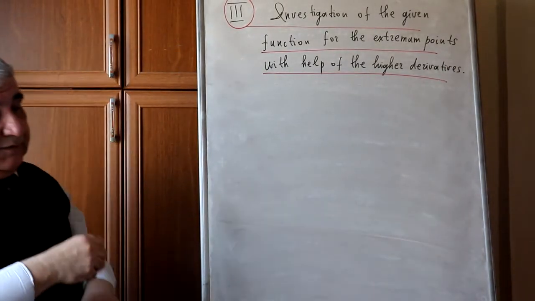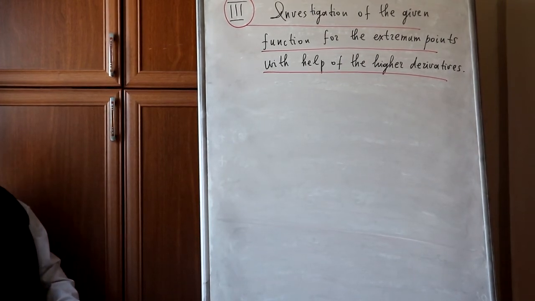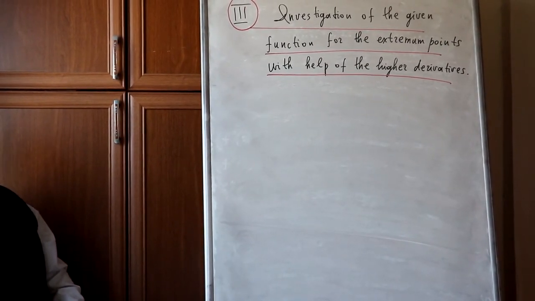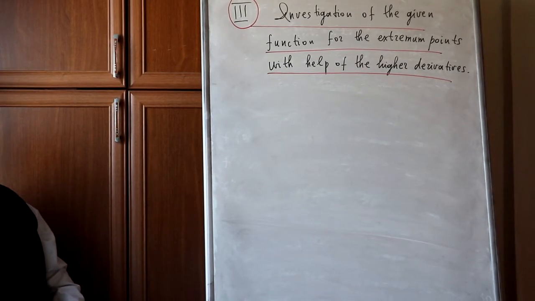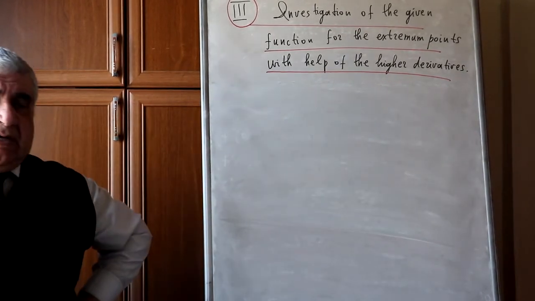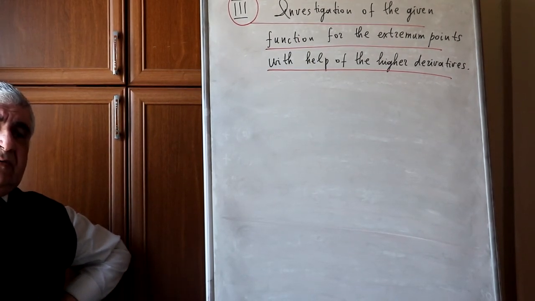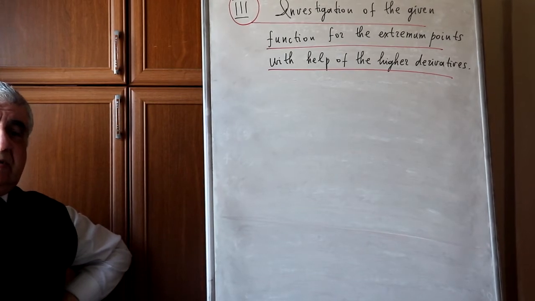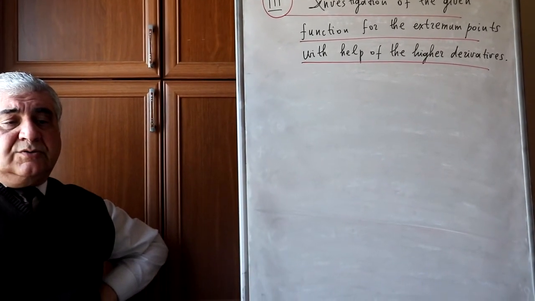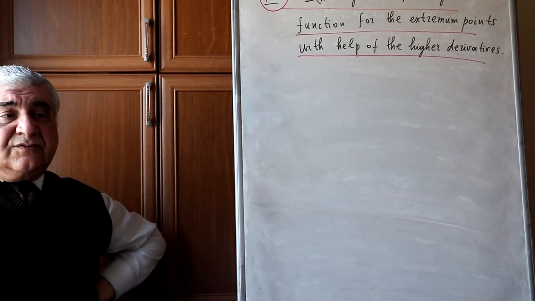Here, first find the critical points, and then the higher derivatives values are calculated in the obtained critical points, and these values are calculated until the first derivative will not equal to 0, or different from 0.